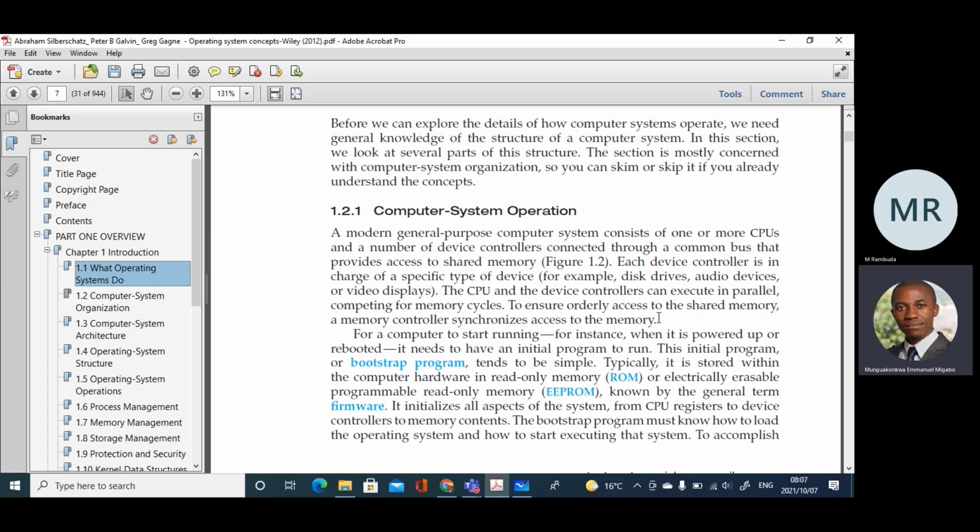Some of them are already handled by additional hardware that is built as part of the computer system to assist the operating system. In this case, that additional hardware that helps in managing memory access conflicts between the CPU and controllers of IOs is what is called here the memory controller. So that's a piece of hardware accompanying the action of the operating system.